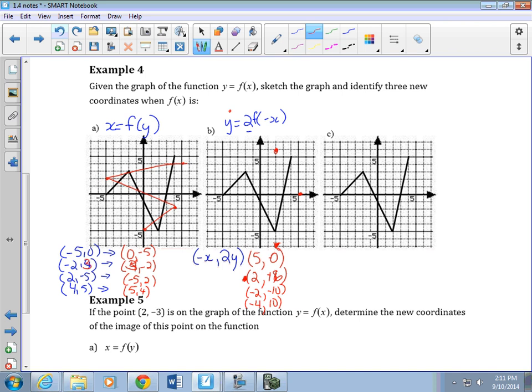So this graph goes more like this. No, that one's not there. Like that.